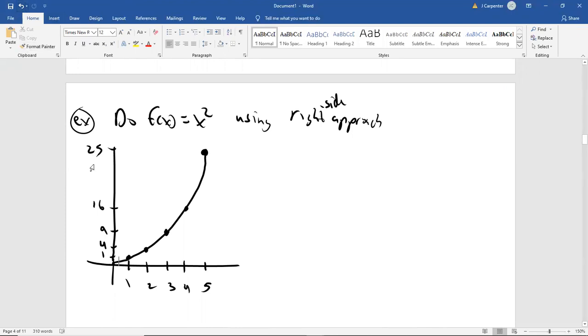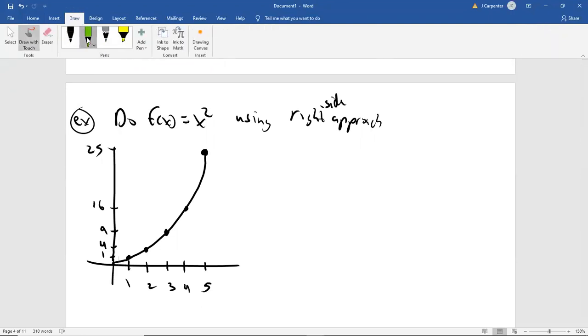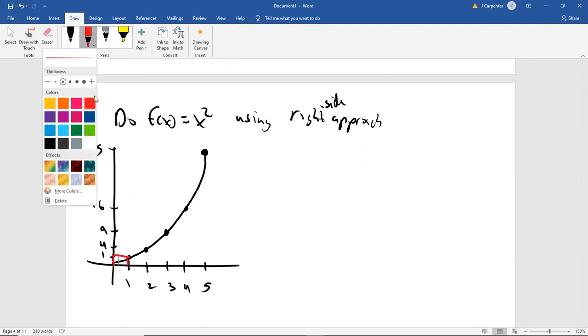So now we're going to do right-handed rectangles. Same delta x, we're still going to do a width of 1. But now we're going to use the right side. So for this first one, instead of trying to anchor it at a height of 0 and making no rectangle, we're going to anchor it from the right side, which means we have a height of 1. So there's our first one.